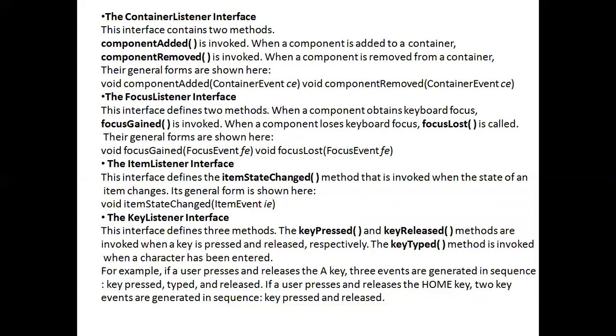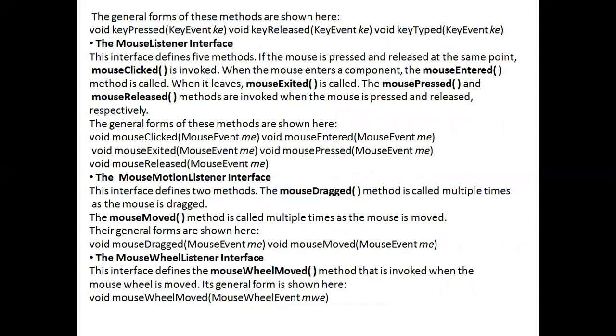If a user presses and releases the home key, two key events are generated in sequence, key pressed and released. The general forms are void keyPressed, void keyReleased, void keyTyped.